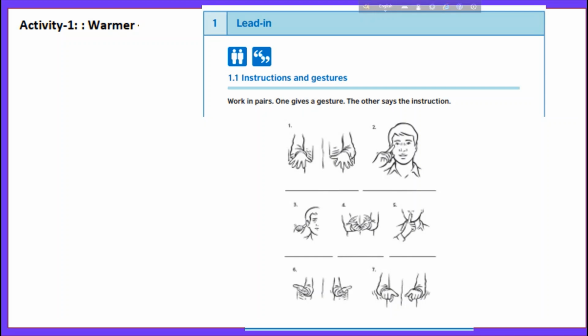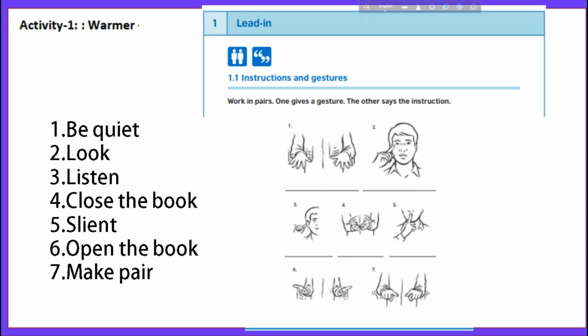Here are also numbers 1, 2, 3, 4, 5, 6, 7. So it may be, at first, number 1, be quiet. Second, look. Third, listen. Fourth, close the book. Fifth, silent. Sixth, open the book. Seventh, pair work.